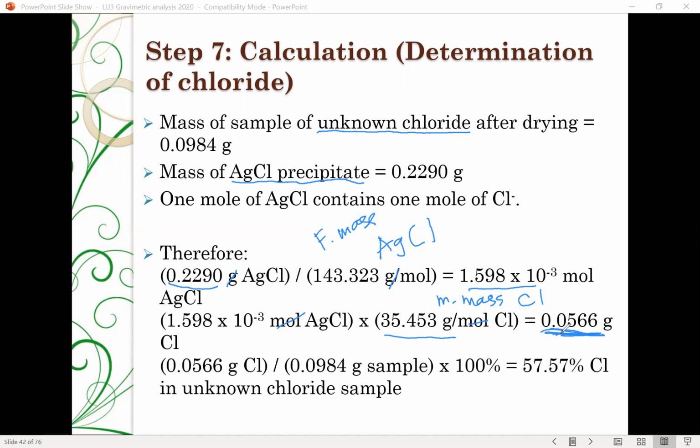When you get the amount of Cl, which is 0.0566 gram, you can divide it by the mass of your sample, the unknown chloride sample just now. When you divide them and turn them into percentage, you get 57.57% of chloride ion in the unknown chloride sample. Okay, let's move to the next slide.